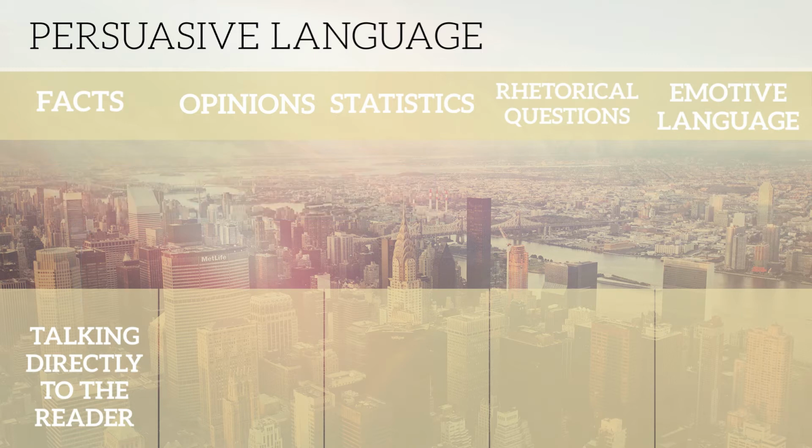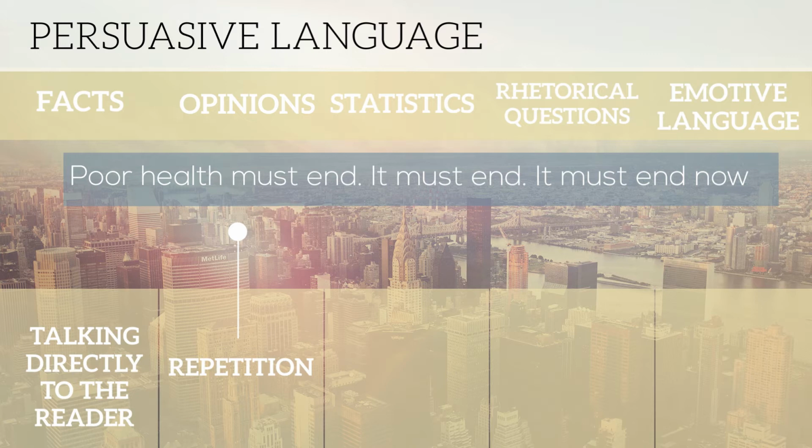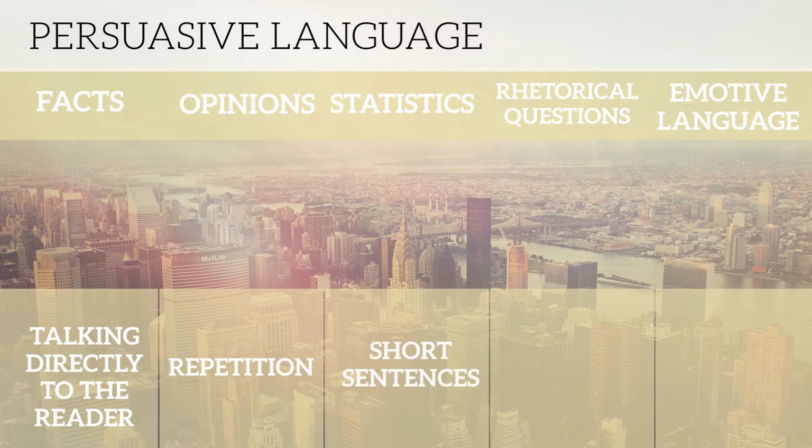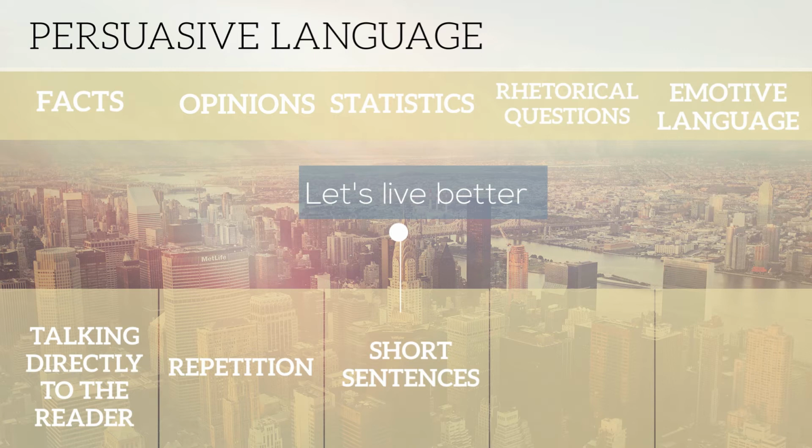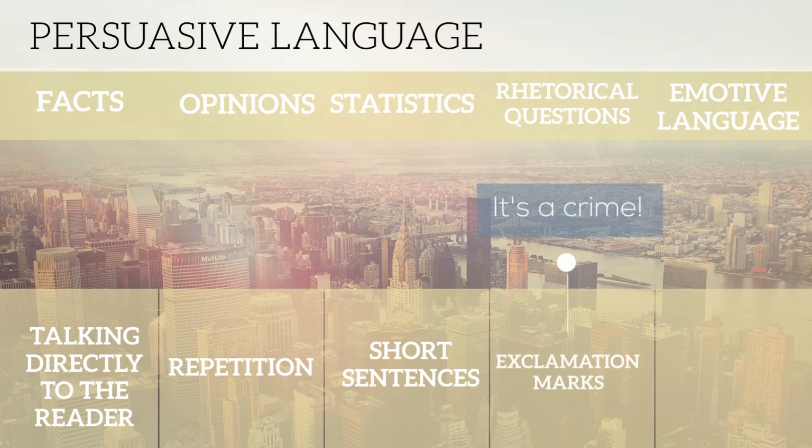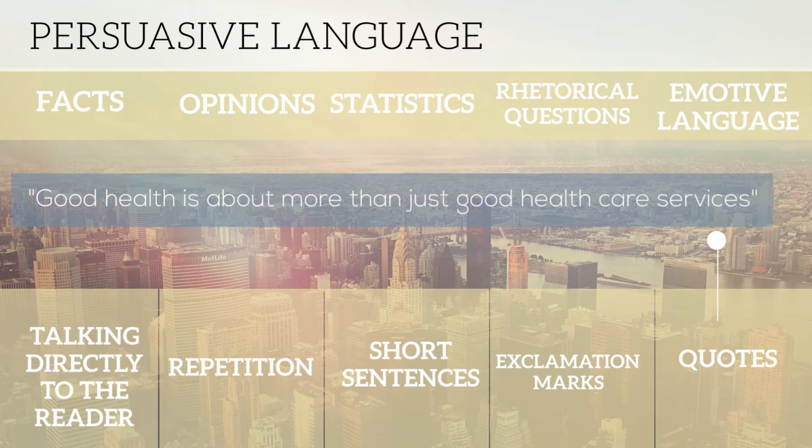We can also use repetition, repeating our most important points several times. We can use short sentences that catch the reader's eye because they're so easy to digest. Exclamation marks to show strong emotion. And we can use quotes to back up our points, say from an expert in the area that we're writing about.